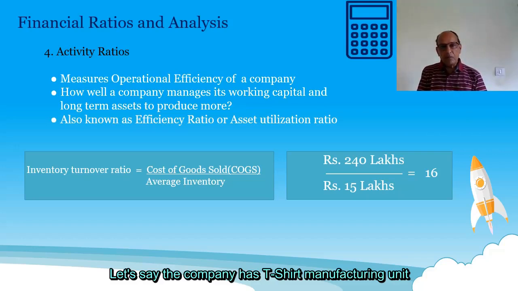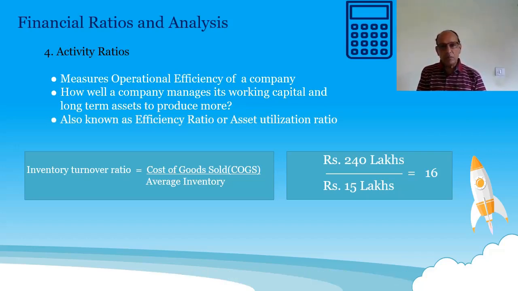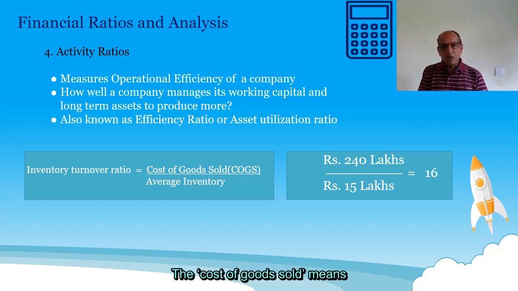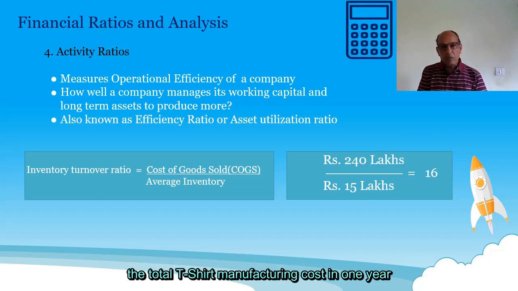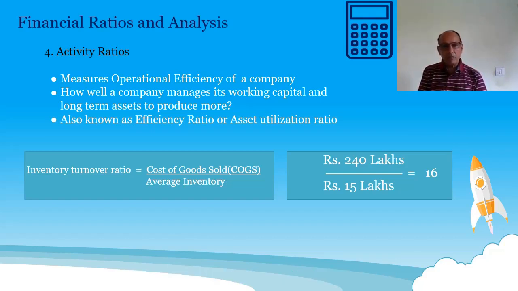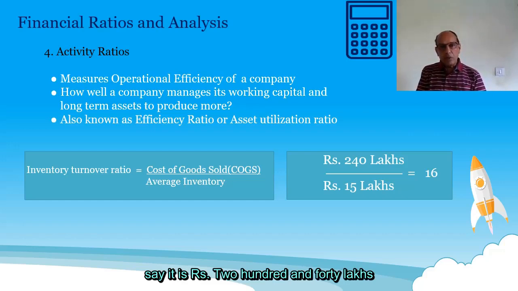Let us say the company has a T-shirt manufacturing unit. The cost of goods sold means the total T-shirt manufacturing cost in 1 year. Say it is rupees 240 lakhs, means 2 crore and 40 lakhs is the cost of goods sold in a year.